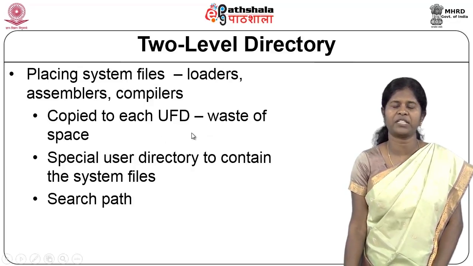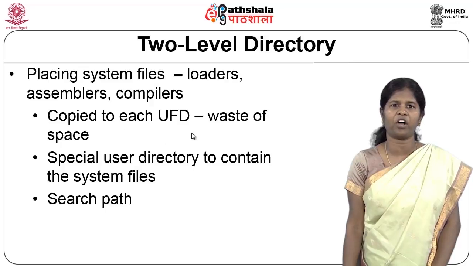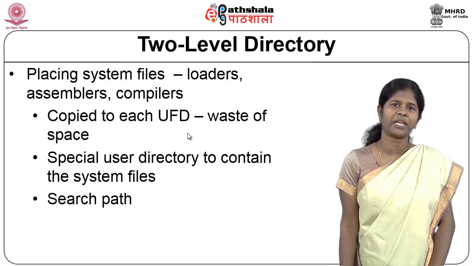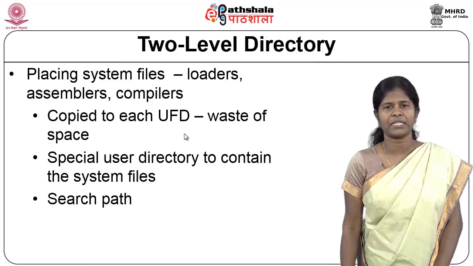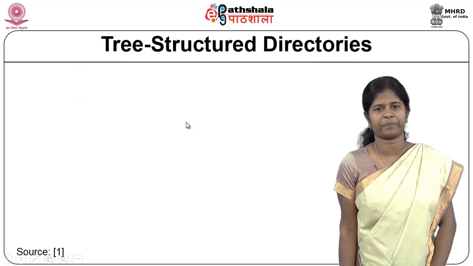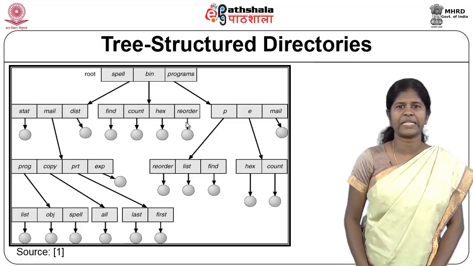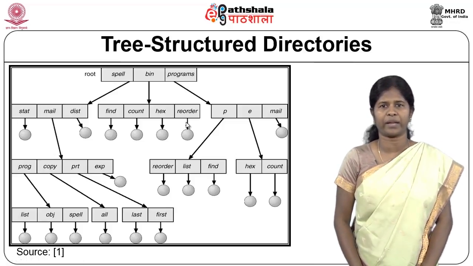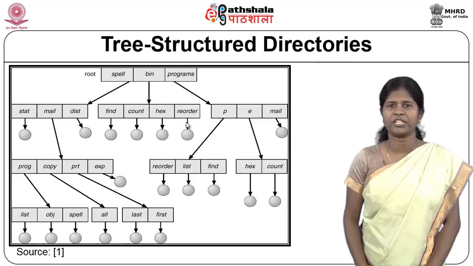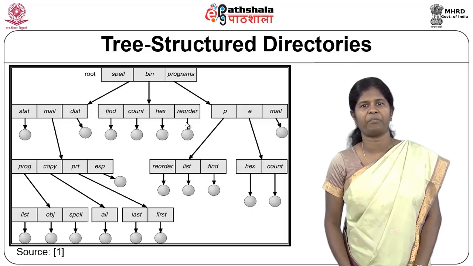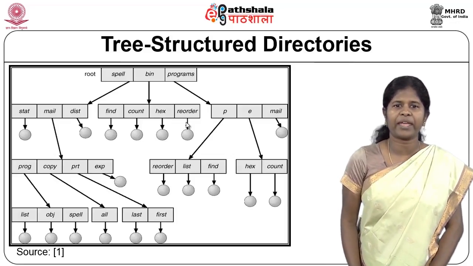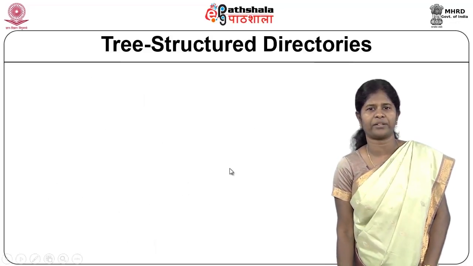So, if a file is not present in the current directory, by default the system will go and check the path names in the search path and search for files there. So, this 2-level directory that we had seen just now is just like a 2-level tree. This was extended to have multiple levels, and they came up with the tree structure directory.